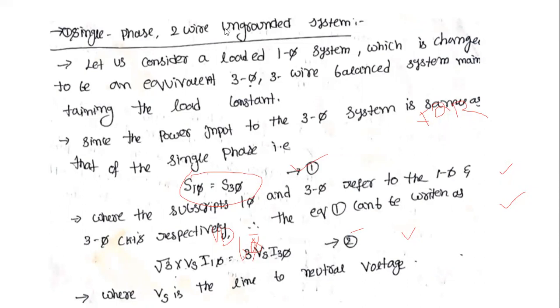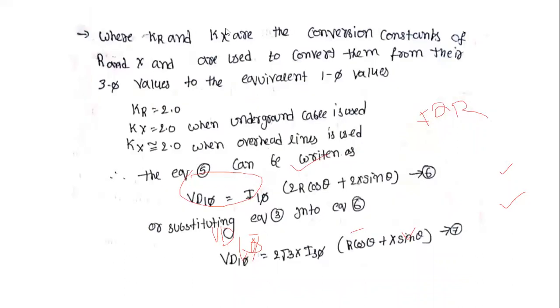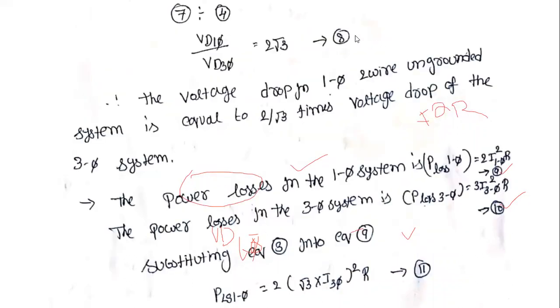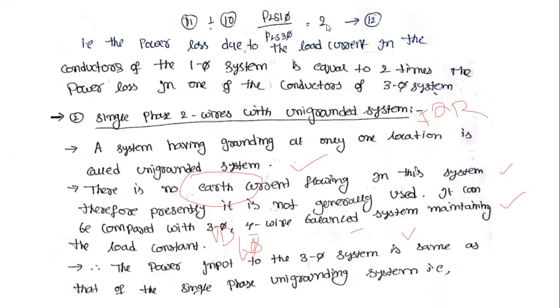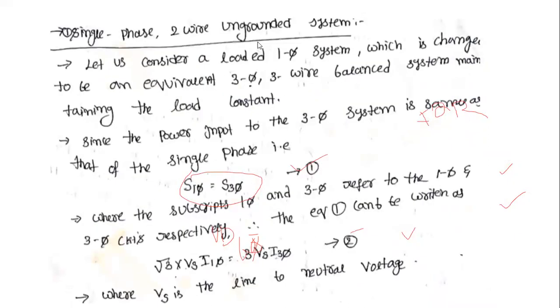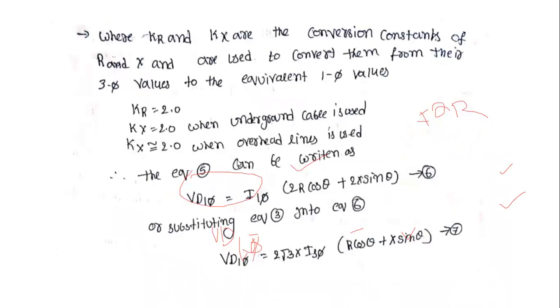The voltage drop for single phase is equal to 2√3 times the voltage drop for the three phase system, and the power loss single phase is equal to 2 into the power loss for the three phase system.